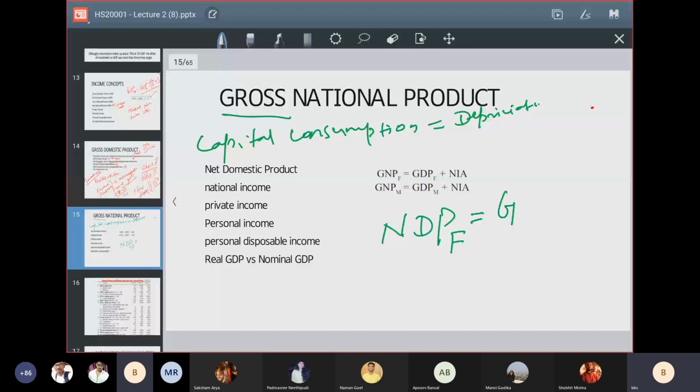And similarly, you can calculate your NNP at factor cost, which we said is the national income, as equal to your GNP at factor cost minus your depreciation.